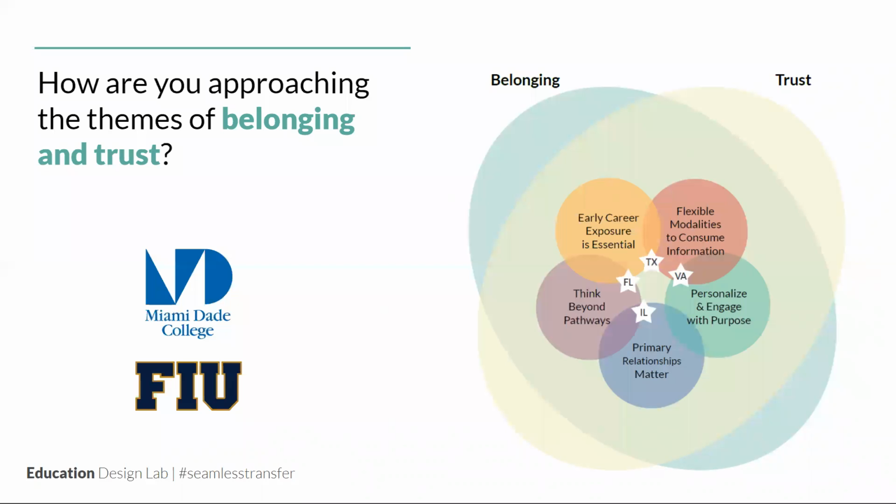And then the challenge is, how do you do that at scale? When students start at Miami-Dade, the data showed us that about 8,000 have an intention to pursue a STEM degree. So how can we build those opportunities both at Miami-Dade and FIU, to build that sense of belonging across the board, not only with peers, but also with staff and faculty.